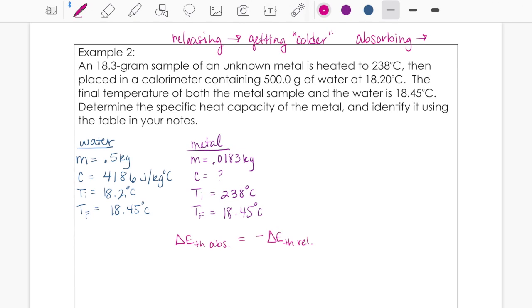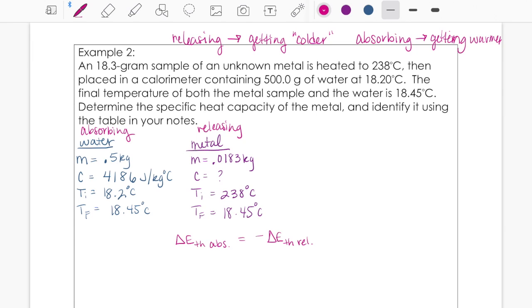The one absorbing is going to be getting warmer, or the temperature is increasing. If we look, the water went from 18.2 to 18.45, so it does increase, whereas with the metal, it started at 238 and it dropped to 18.45. So the metal is going to be our releasing energy, and the water is our absorbing.